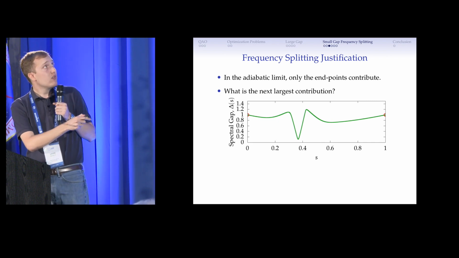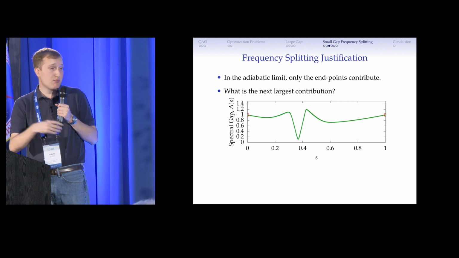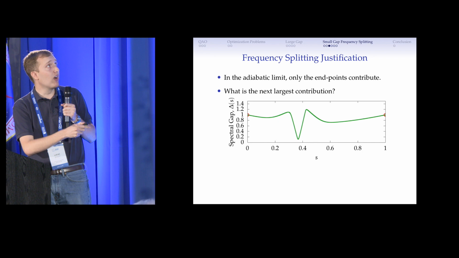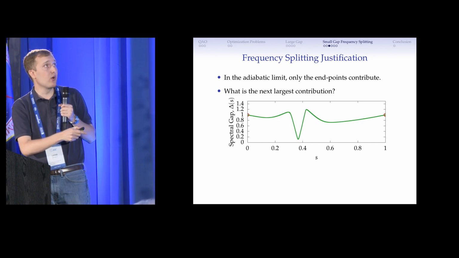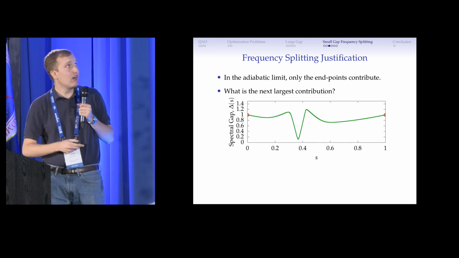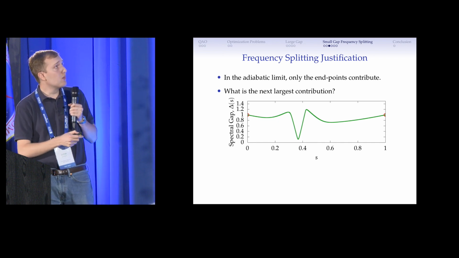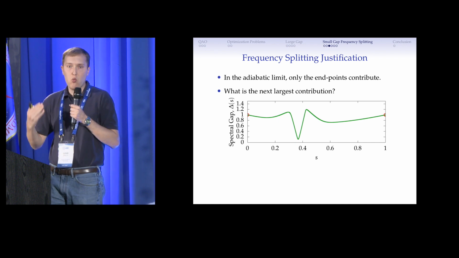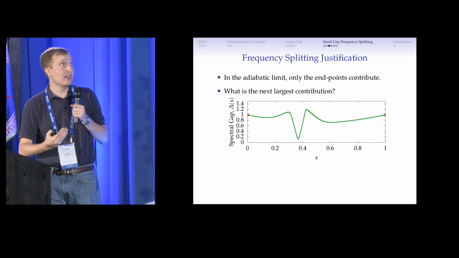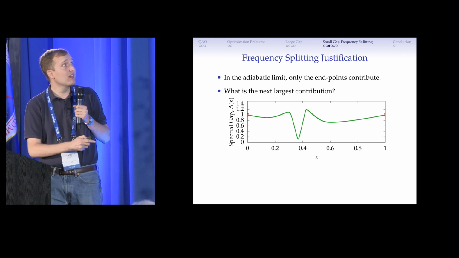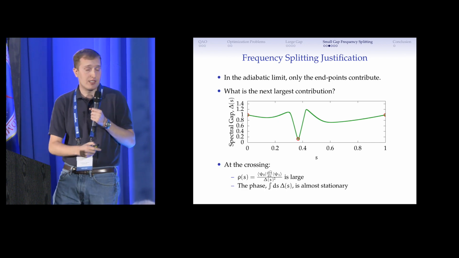And the properties of the derivatives of the Hamiltonian and things like that are what determine what frequency you're going to get out of this, what kind of oscillations you're getting, all of that. And so we're going to ask, if we're running faster than adiabatic through this, what is the next most likely point to contribute? And it turns out to be the avoided level crossing itself.